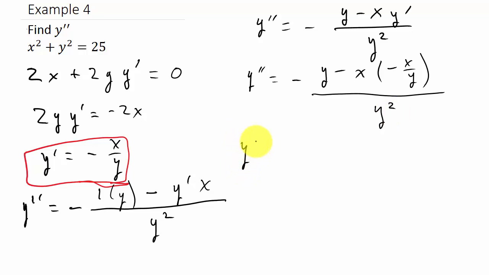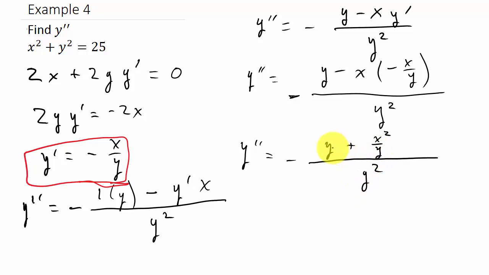And so that gives me y double prime is negative, and this negative is out in front of the fraction, so that's y plus x squared over y, over y squared. Now, do you remember how to simplify this? It's like a complex fraction, remember that from algebra.